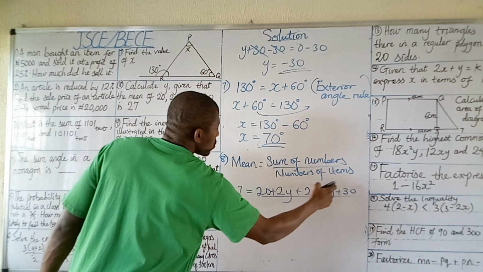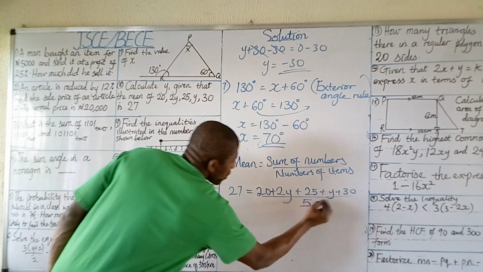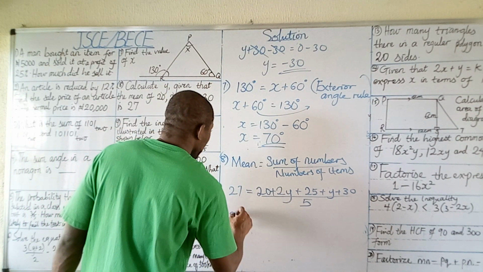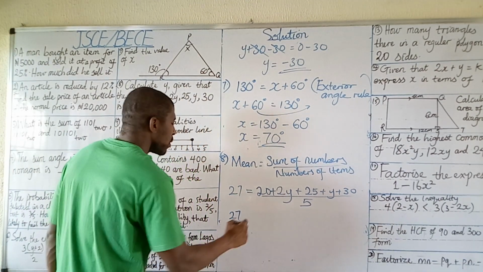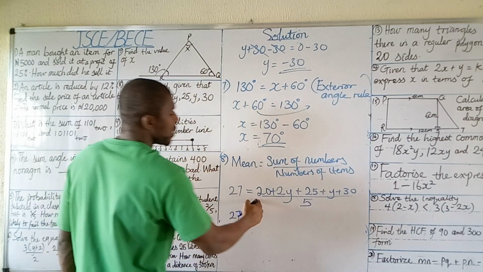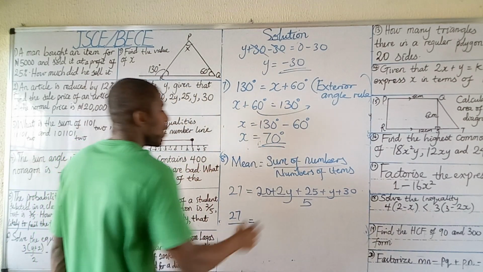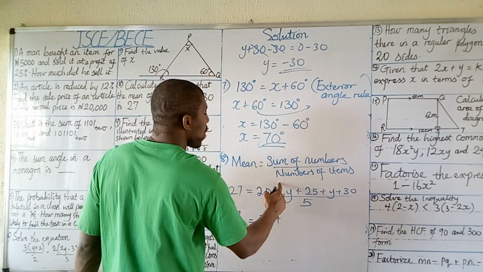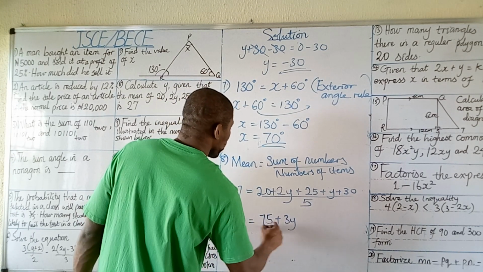They are 1, 2, 3, 4, 5 in number. Let's write 27 as a fraction over 1, is equal to 20 plus 25 is 45, 45 plus 30 gives me 75, plus 2y plus y gives me 3y, all over 5.